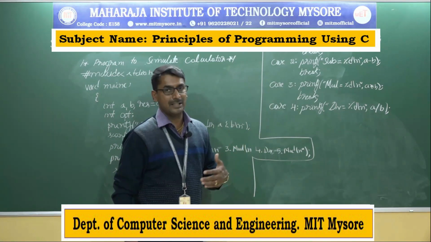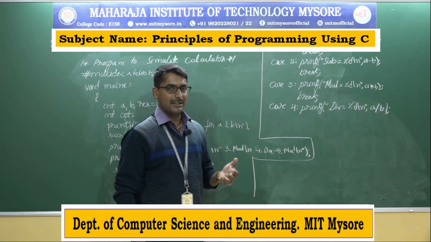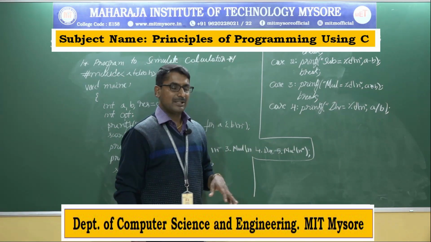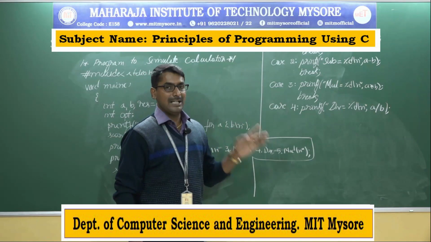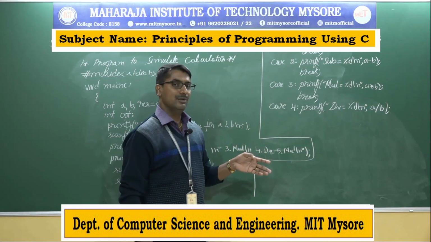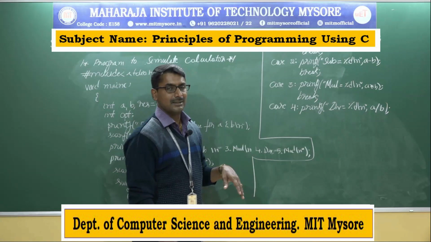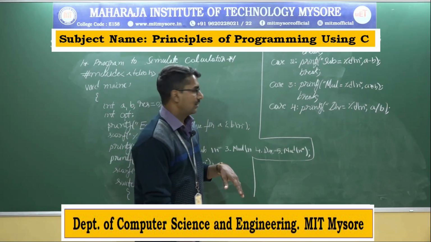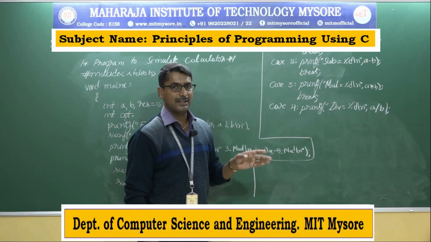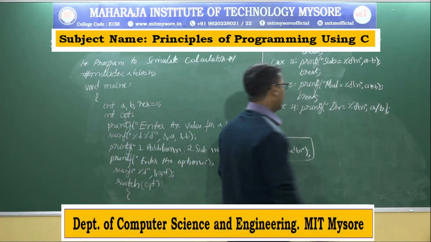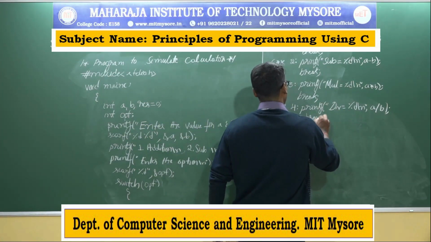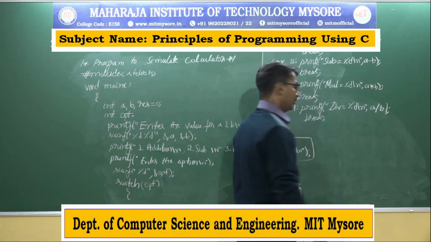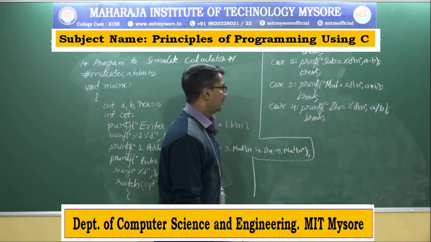If a value is 10 and b value is 3, 10 divided by 3 is 3.33. Here the fractional part will be eliminated because it is an integer value, so you will get only 3. Then after executing the statement, we call break, which will terminate the switch statement.